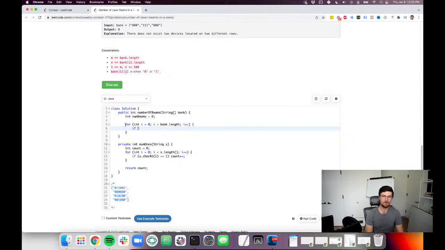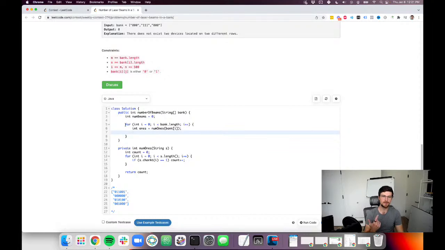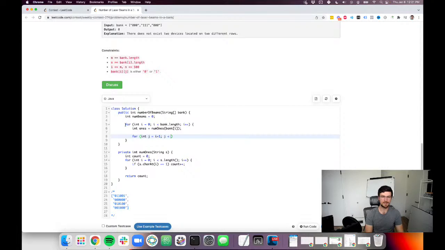So that we don't have to calculate it multiple times, we'll say num1s equals num1s of bank[i]. Then if this is not 0, we want to find the next one, right? So we'll say for int j equals i plus 1, j is less than bank.length, j plus plus.